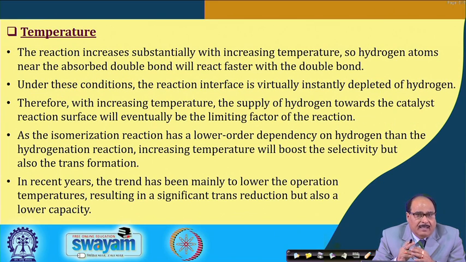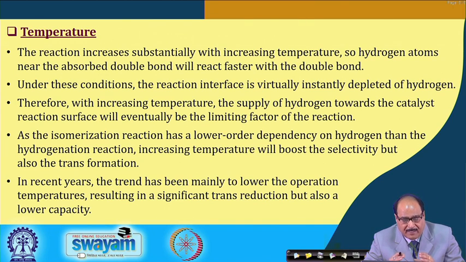The temperature is another factor. The reaction increases substantially with the increasing temperature. So, hydrogen atoms near the absorbed double bond will react faster with the double bond. Under these conditions the reaction interface is virtually instantly depleted of hydrogen.